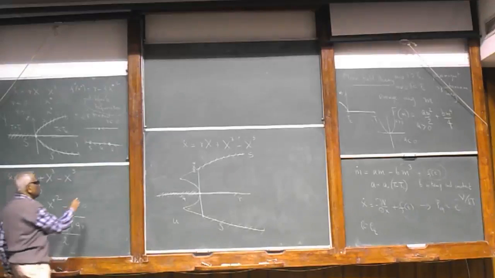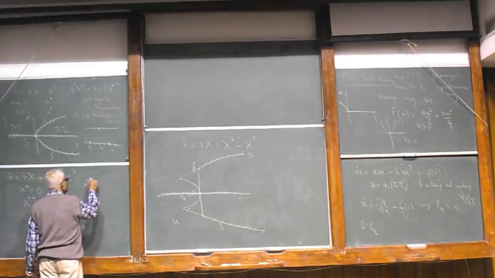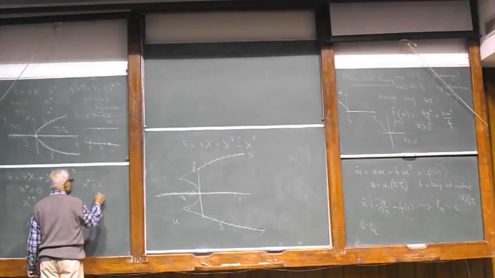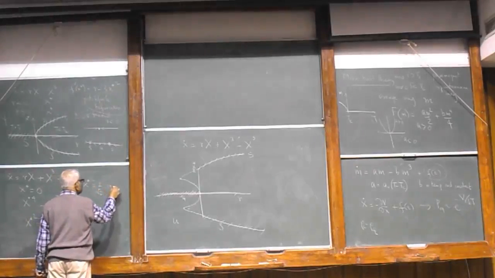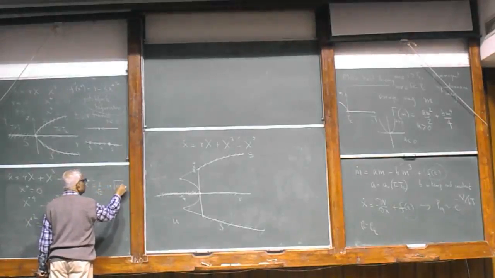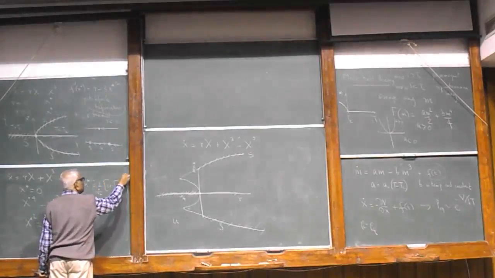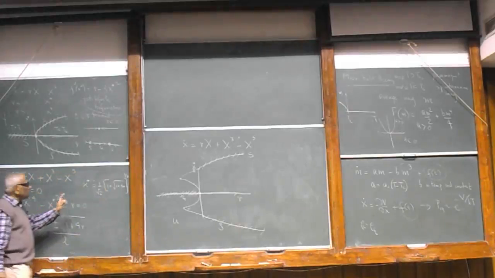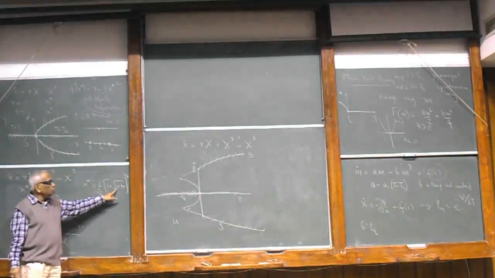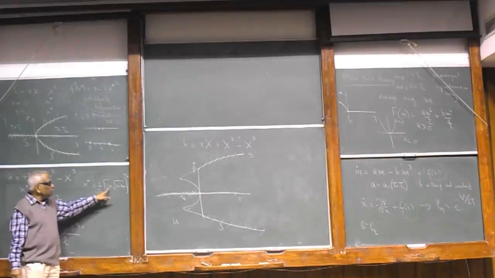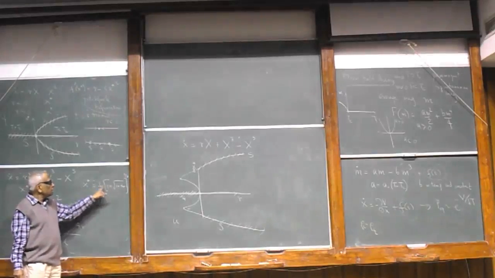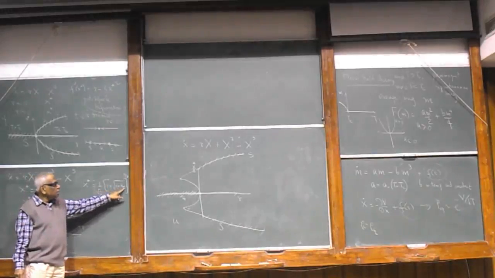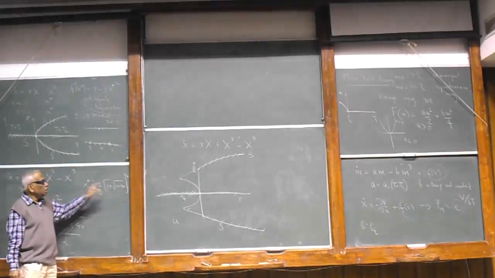Let's say I'm trying to draw x star equal to 1/√2, 1 plus square root of 1 plus 4r to the power half. So I'm trying to draw this curve. I know that I can come only up to r equal to -1/4, so x star exists between r equal to 0 and r equal to -1/4.